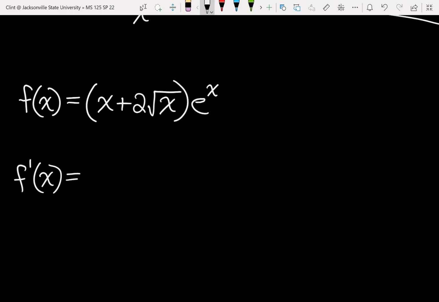What could we do? At this point, when we get into these slightly more complicated derivatives, there's more than one correct answer. So what can we do if we want to find the derivative here? Yeah, those are the two big ones.